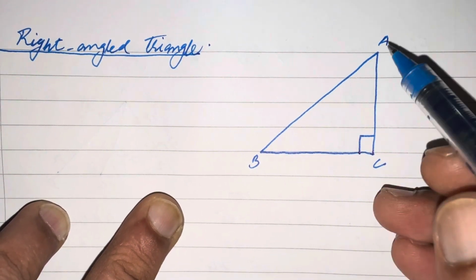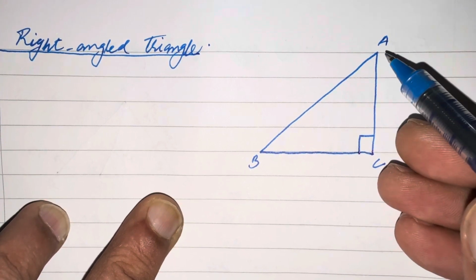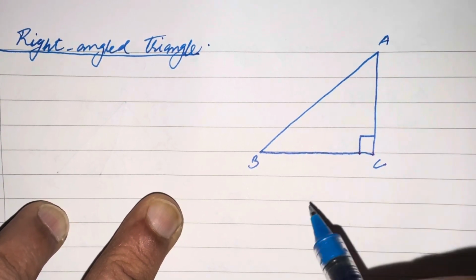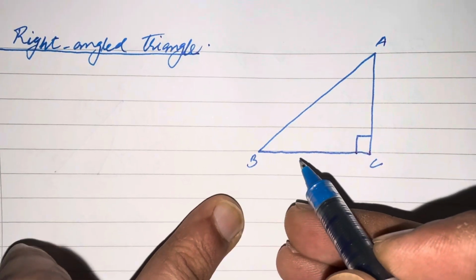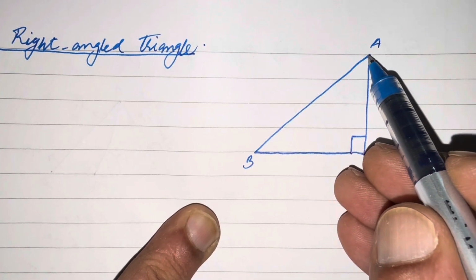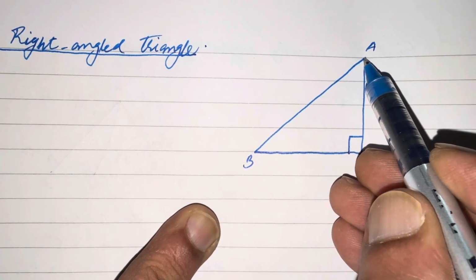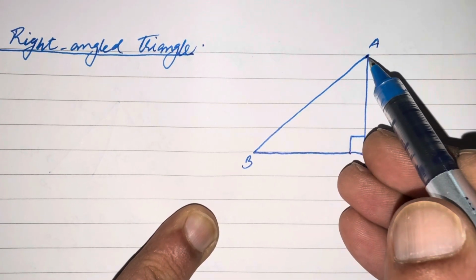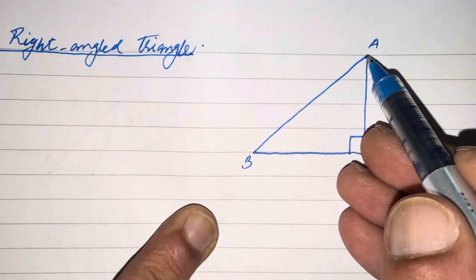In this triangle, A is the name of the angle, or the vertex of this triangle.